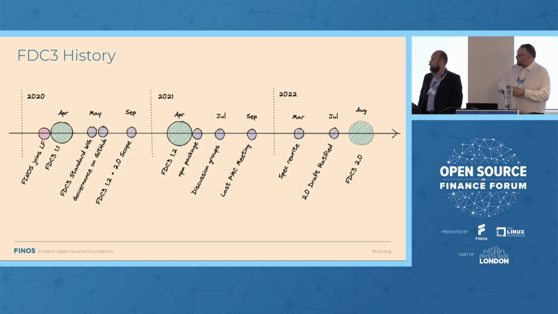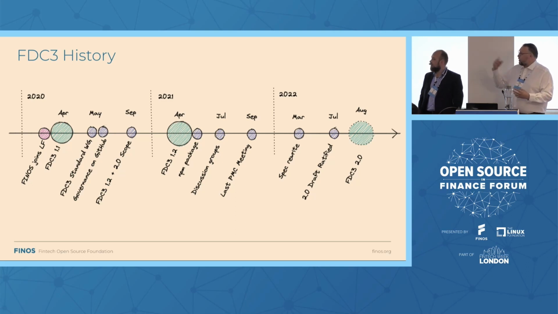And then we started working on FDC3 2.0, and we found out it was really hard because there were lots of big things, lots of discussion, contradiction, different opinions about how we should do things. And that is when we realized we need to start these discussion groups for different topics in FDC3 to tackle all of them, but then it comes back to the standard working group to make the decisions.